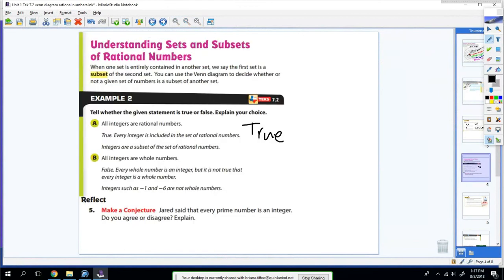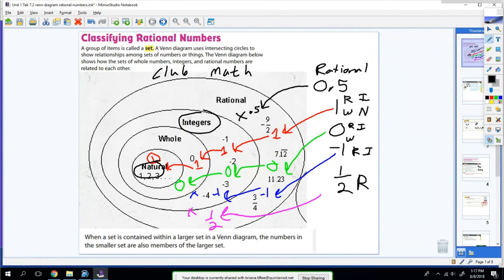So next one says all integers are whole numbers. This is going to be false. I'm going to say this again. All integers are whole numbers is a false statement because if you're here in the integer room, not all numbers will be a whole number because some integers can be negative, but not all of them.